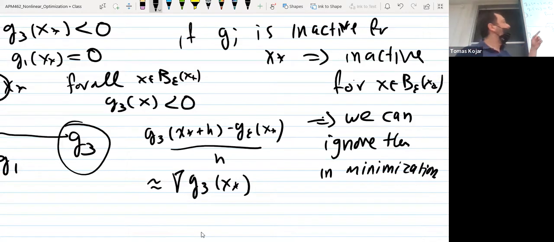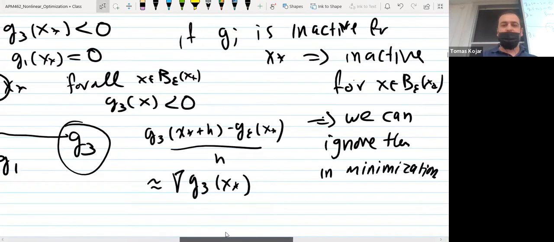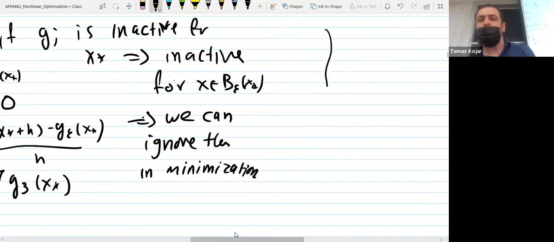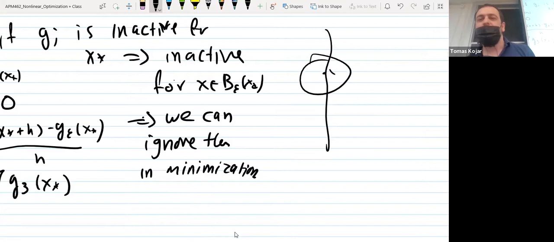Because all the ones in the neighborhood will satisfy it. So when you look for a local min, you don't care, because they all satisfy the constraint. The problem happens with the active ones, where you could have some of the points in a neighborhood not being feasible.